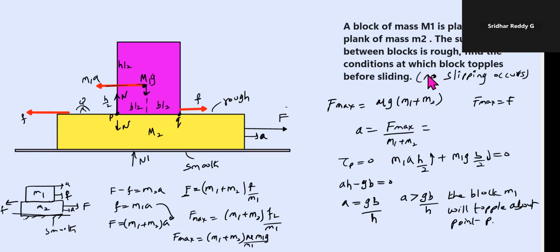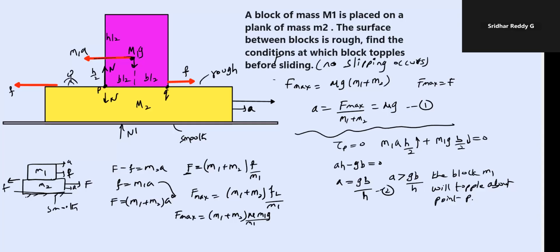The question is asking for conditions. What do you mean by conditions here? Look at this. Equation 1 is about no slipping, and equation 2 is about no toppling.